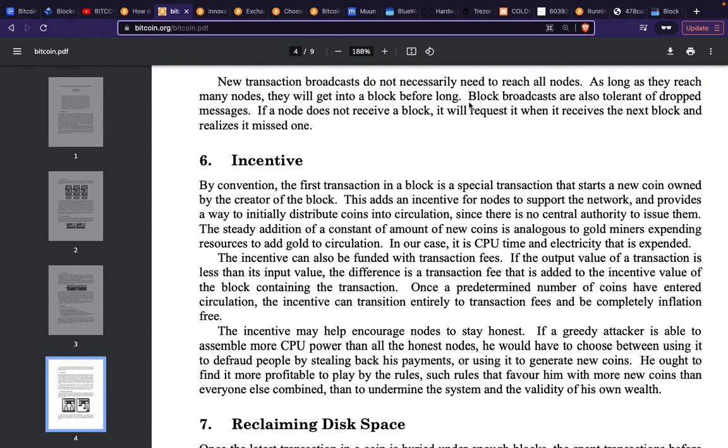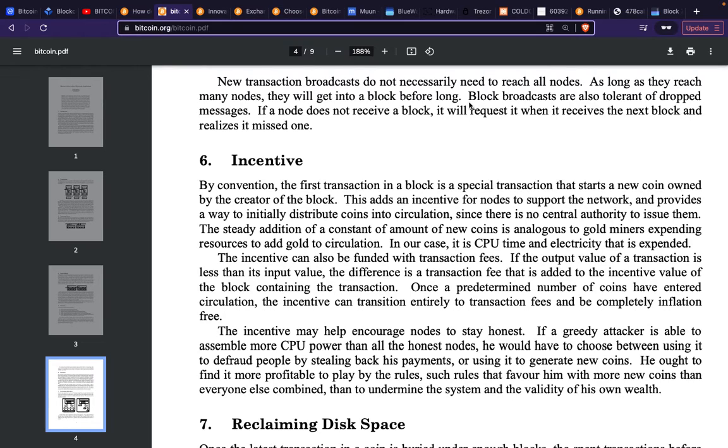So this adds an incentive for nodes to support the network, and provides a way to initially distribute coins into circulation. Since there is no central authority to issue them, the steady addition of a constant amount of new coins is analogous to gold miners expending resources to add gold to circulation.